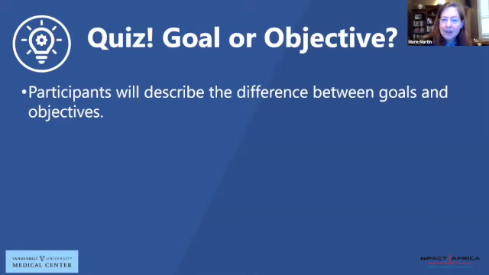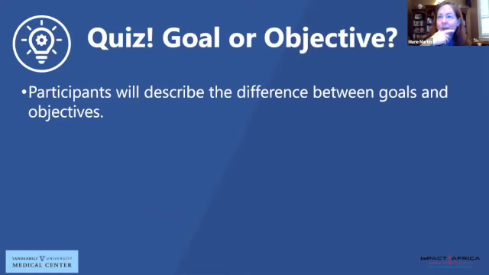So when we think about why this might be an objective, what would be a reason that you would have chosen this as an objective? So this is clear and measurable. So the difference between goals and objectives, so to know or to identify these two things is clear, and it's not broad so much.